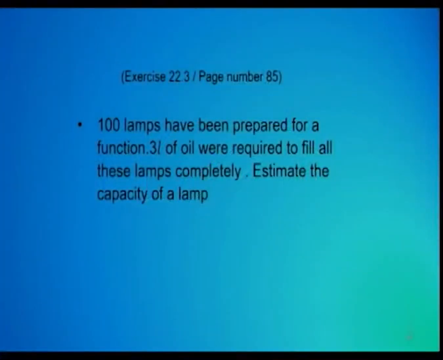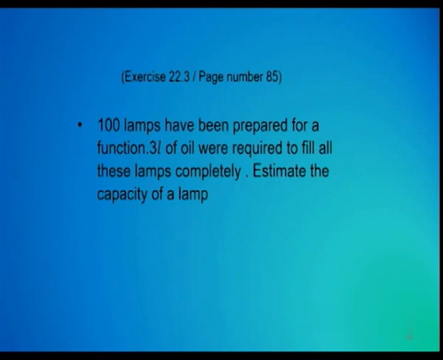Okay, let's move to the next question. This question is from exercise 22.3, page number 85. Let's read the question. 100 lamps have been prepared for a function. 3 liters of oil were required to fill all these lamps completely.